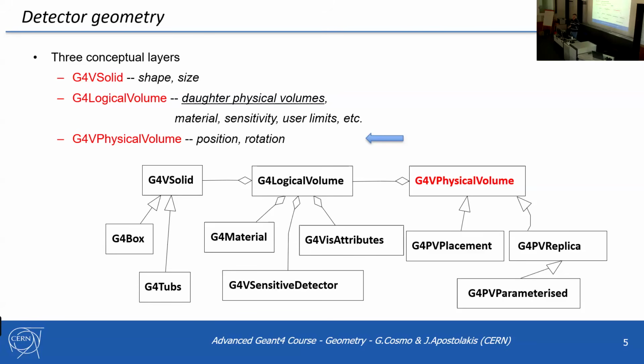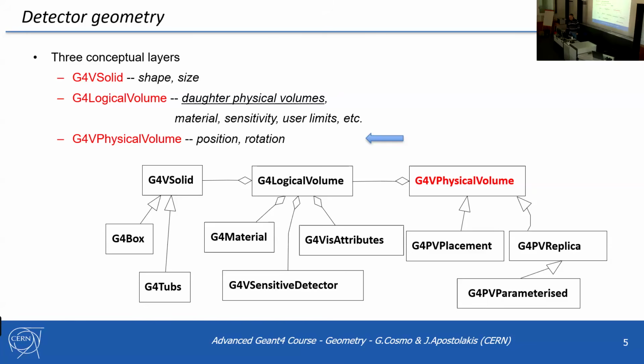So the logical volume is an important part because it is the class that groups together all the attributes that are common to all volumes you want to place in your geometry that have those characteristics. The physical volumes are by far the volumes that are placed in the space, so they bring together position and rotation in the space.